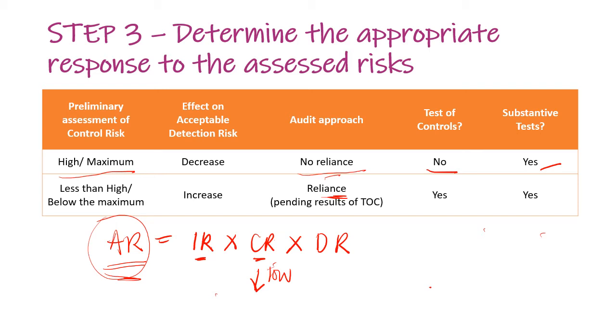You see that the risk that they will fail to prevent, detect, or correct errors is low, so the controls are okay. The controls are strong. And what happens to your acceptable detection risk? To maintain this acceptable audit risk, your detection risk would be high to balance. So the audit risk is still maintained.